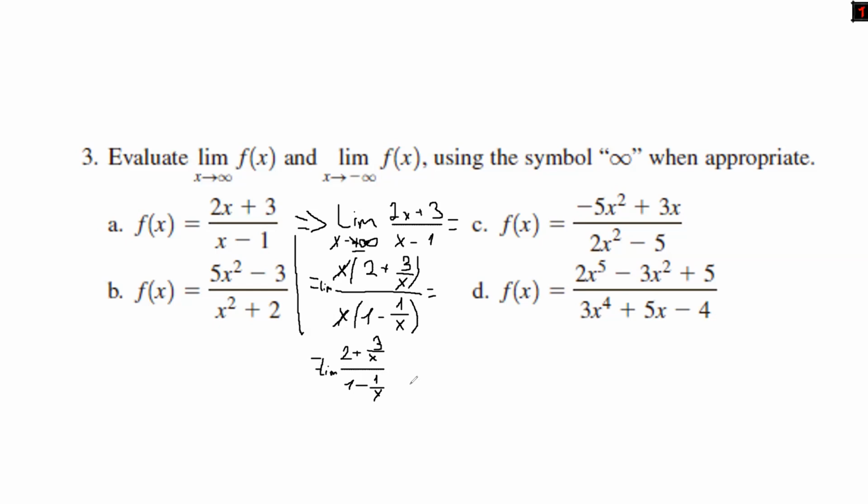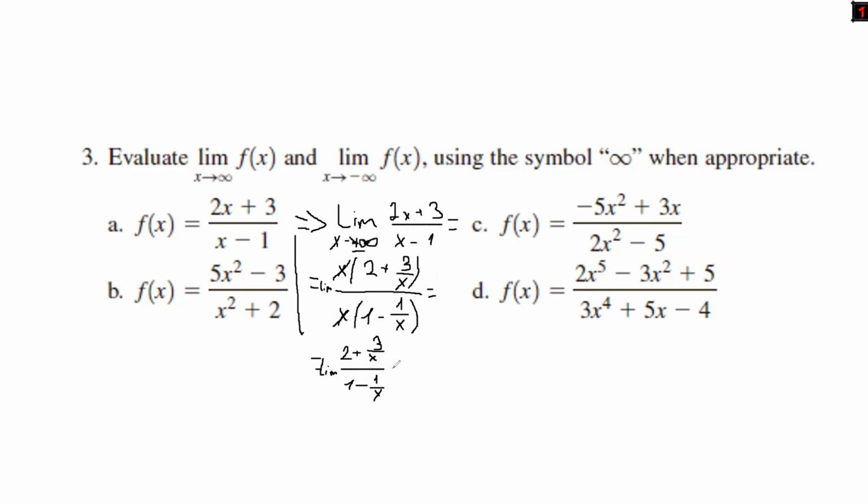Let me substitute positive infinity. I'm going to have 2 plus 3 over x, where 3 over x turns into 0, because 3 over infinity is 3 divided by a super big number, basically 0.